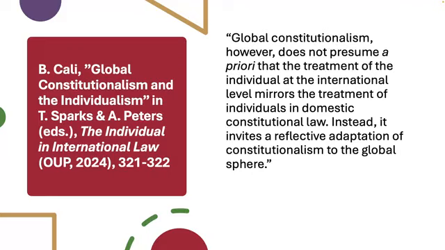The Individual in International Law actually came out last year, and one of the chapters concerns global constitutionalism, where they say, quote, "Global constitutionalism, however, does not presume a priori that the treatment of the individual at the international level mirrors the treatment of the individual in domestic constitutional law. Instead, it invites a reflective adaptation of constitutionalism to the global sphere."